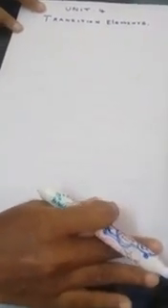So in transition elements, now we are going to discuss the introduction part, position of transition elements, electronic configuration of transition elements, and general properties of transition elements. The general properties of transition elements have many subdivisions.